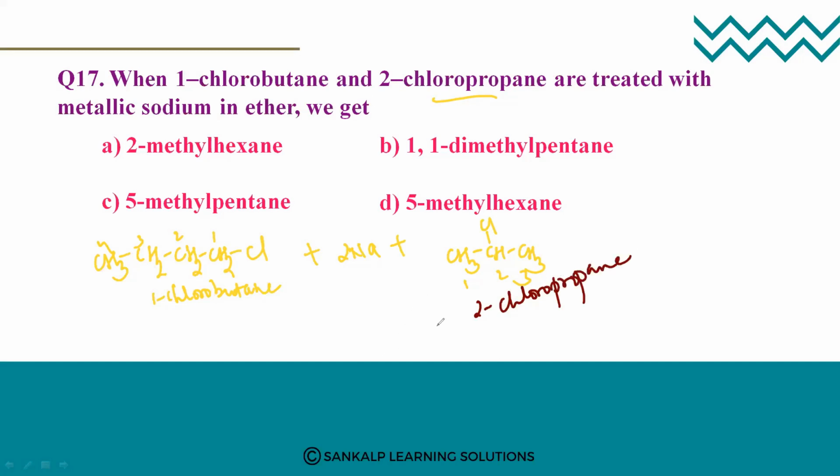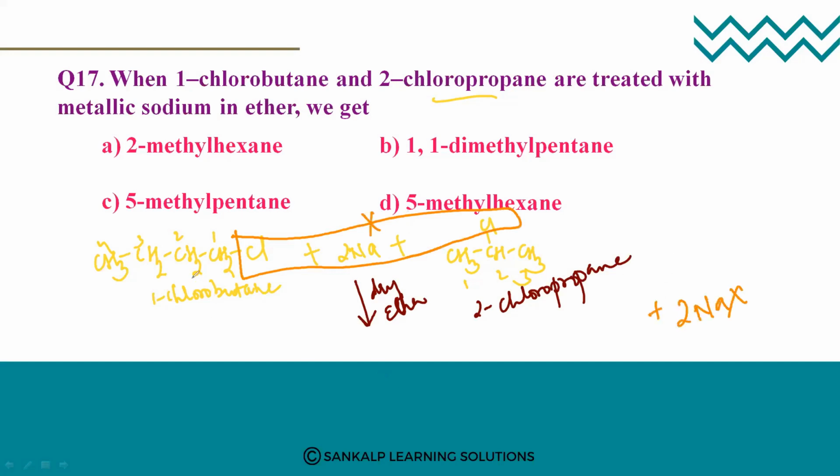So 1-chlorobutane and 2-chloropropane are reacted in the presence of dry ether. What will we obtain? Just see how the elimination will take place. Na and the halogen will be removed; this will be the side product, 2NaX. Now this carbon will be joined here.